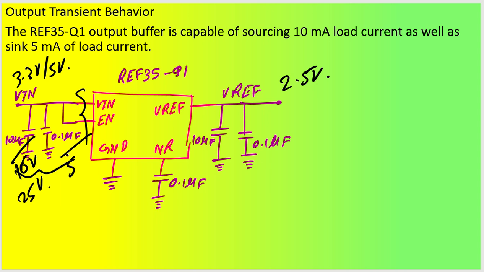For the 0.1 microfarad, always try to use a 50 volt rating because it is very abundantly available, very common. But the 10 microfarad you can use with 10 volt or 16 volt ratings. Got it? On the noise reduction pin you can put a 1.1 microfarad capacitor, or otherwise leave it floating, so that it will be the output. So this is the complete design for your application circuit.